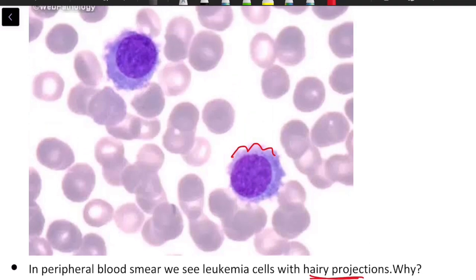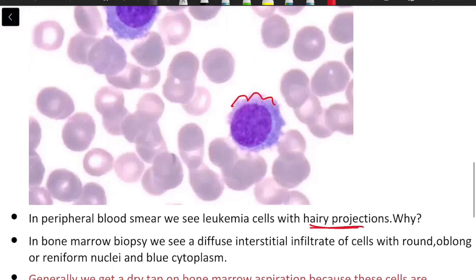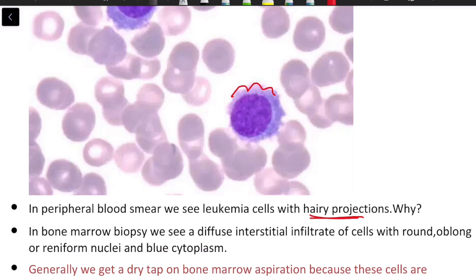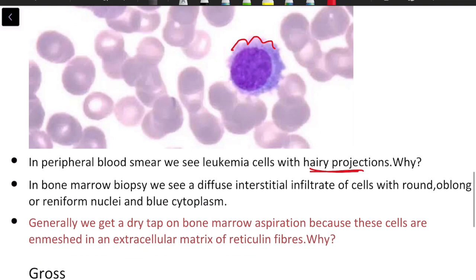Generally, the cytoskeleton is responsible for the mobility of cells like lymphocytes or neutrophils, which are actively mobile. But due to this increased activation, the cytoskeleton is constantly trying to cause the cell membrane to change its shape and the cell to be very mobile. That is why we see a lot of membrane ruffles, and that is why these leukemic cells are highly infiltrative.